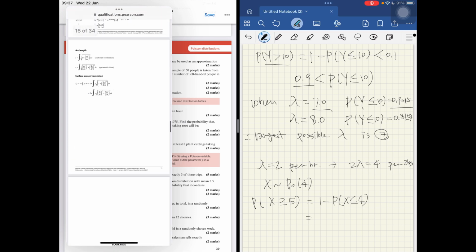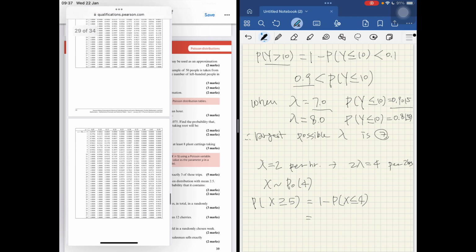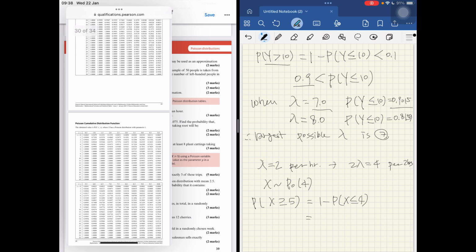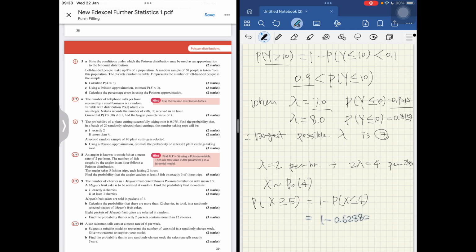So let's go to the Poisson table. When lambda is 4 and x is 4, it is 0.6288, so 1 minus 0.6288 is 0.3712. So this is the probability.